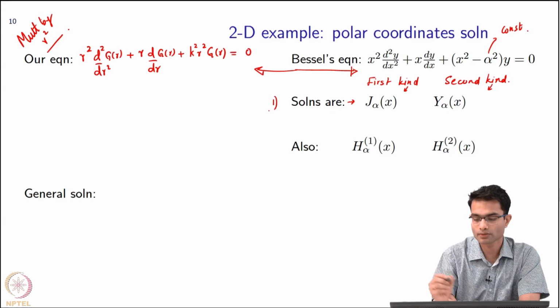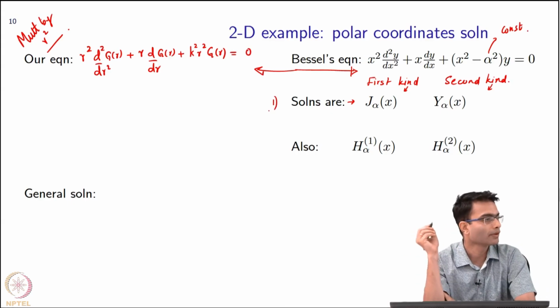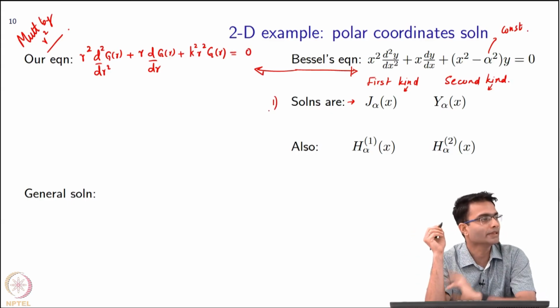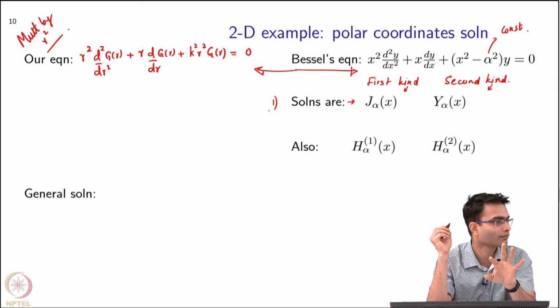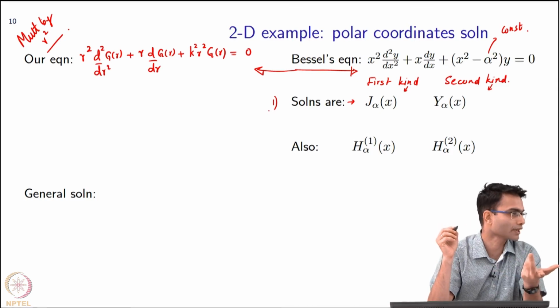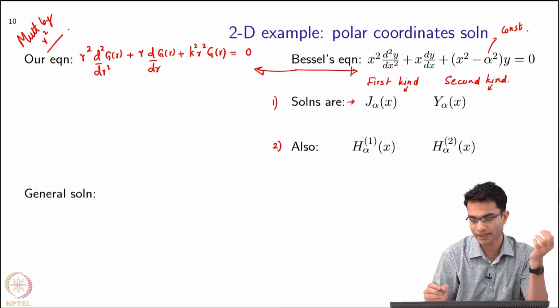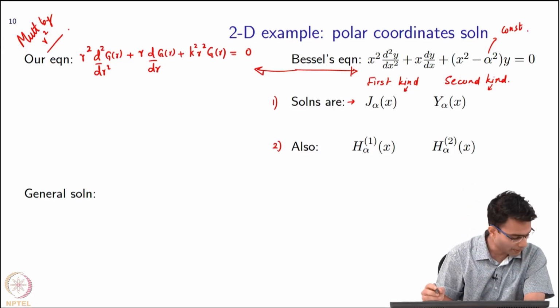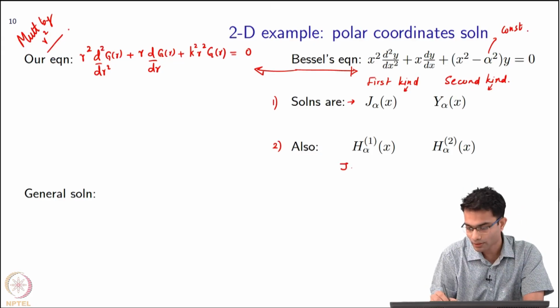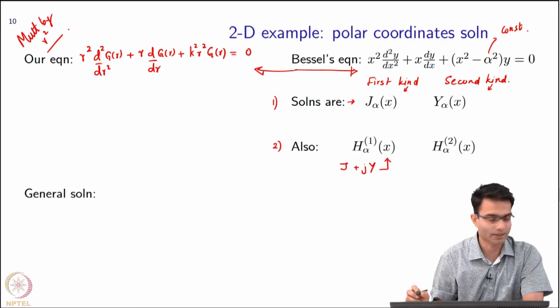The Bessel's functions are written in two popular ways. First is this way, which is J and Y. The second is linear combinations of J and Y, which will also be solutions. For example, if I take J plus j times Y, I get this, that is the definition.